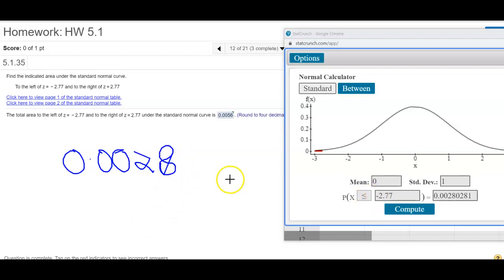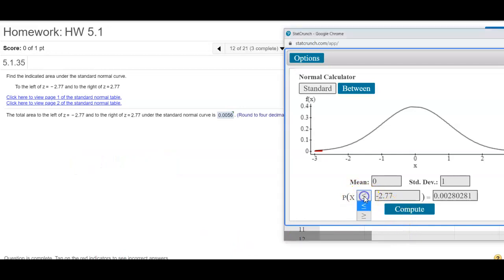Now I want you all to note this one. This is 0.0028. Now look what happens when I change this area and make it to the right. I get the same exact area. So how do you calculate the total area? You can either find area to the left or area to the right and multiply it by 2.